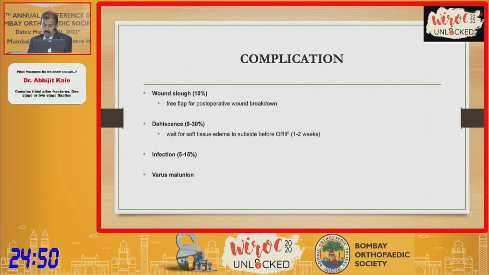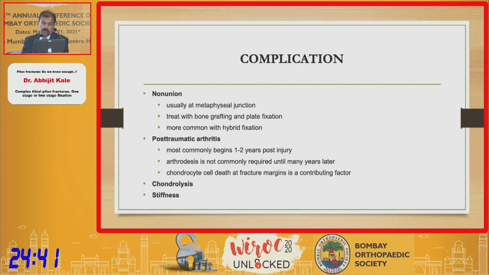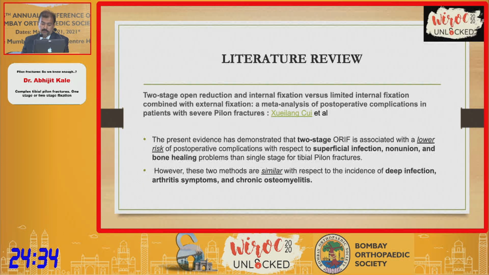So essentially the complications of tibial plafond injuries are that one may have a wound dehiscence, infection, a varus malunion, a non-union, or even post-traumatic arthritis and at times stiffness.